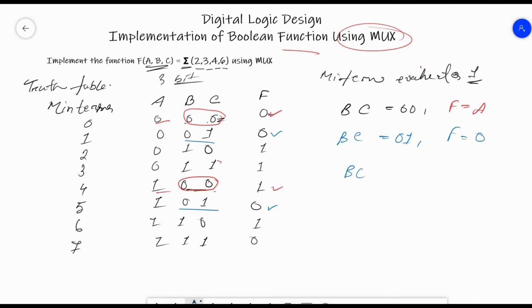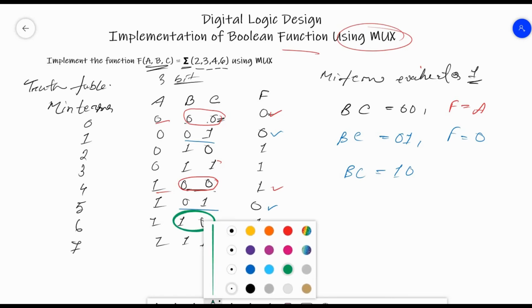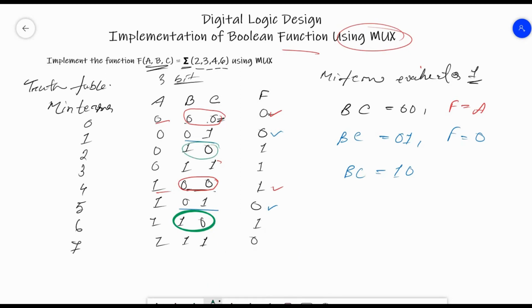Now if we see the next case where B and C are 1 and 0, it is for this one. So we can find that F for 1 and 0 is equal to 1.